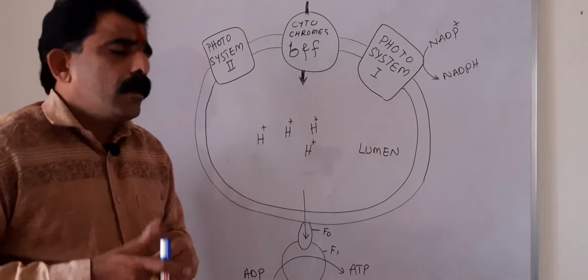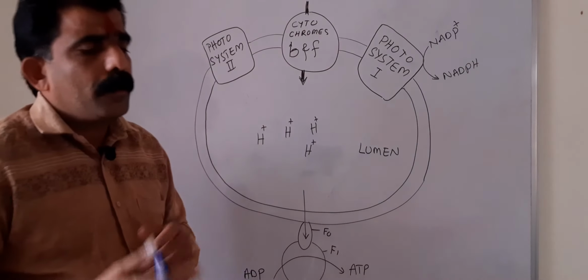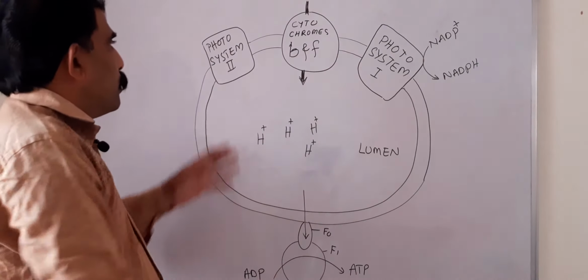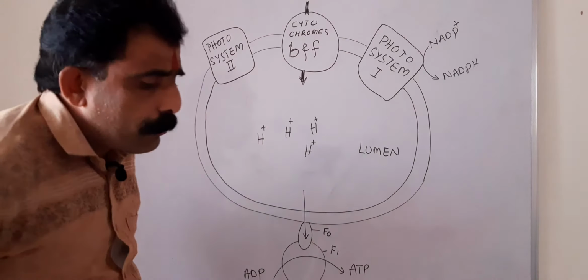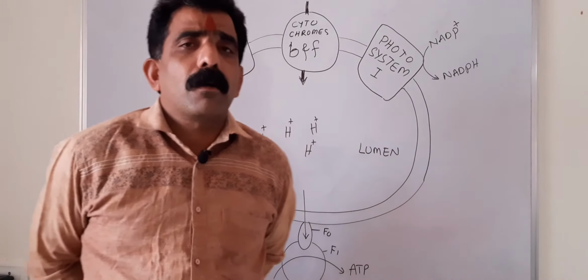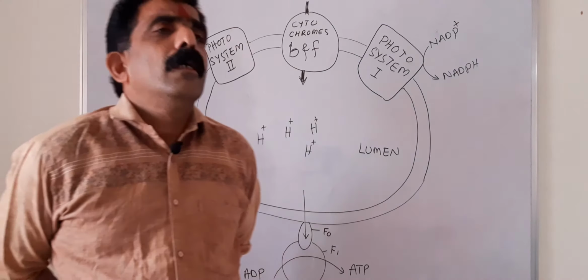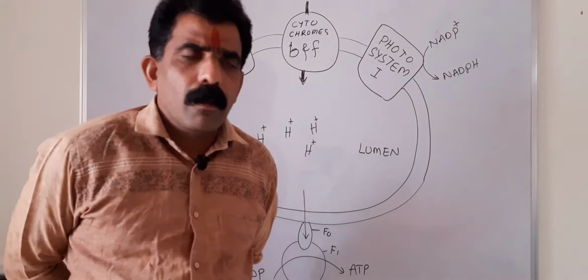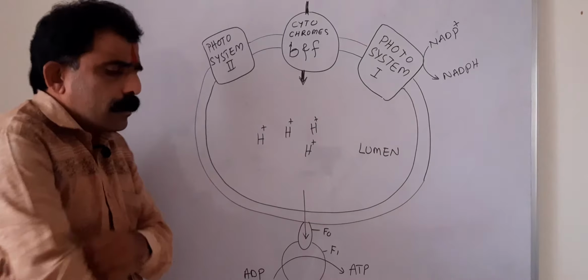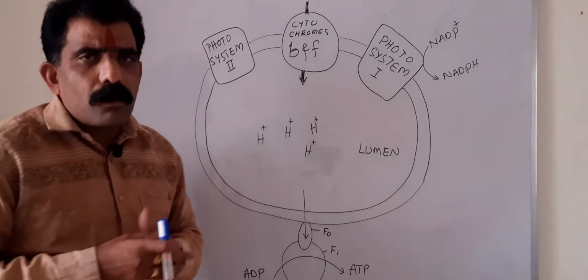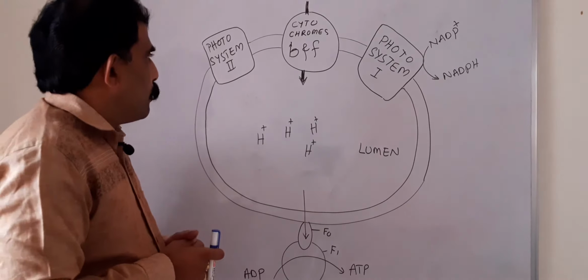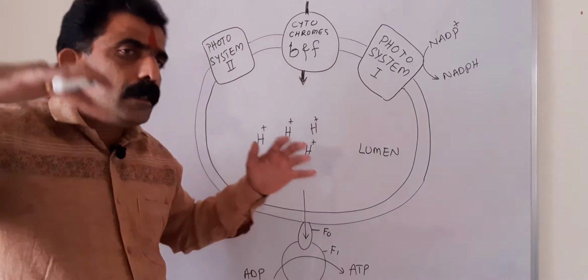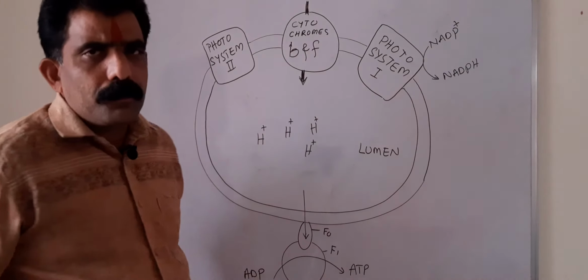That photolysis results in the formation of electrons as well as protons. The electrons are transferred to photosystem 2, because there the P680 has an electron deficiency due to the transfer of its electrons to the P700 of PS1. So the electrons resulting from the photolysis of water at photosystem 2 are transferred to the P680, so that the oxidized P680 is reduced.